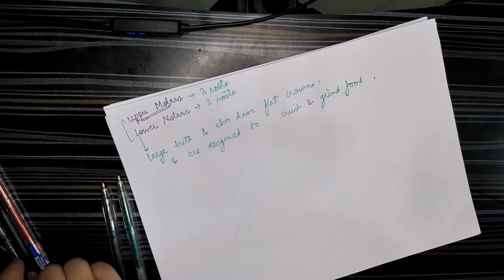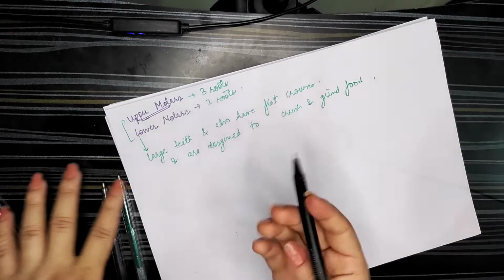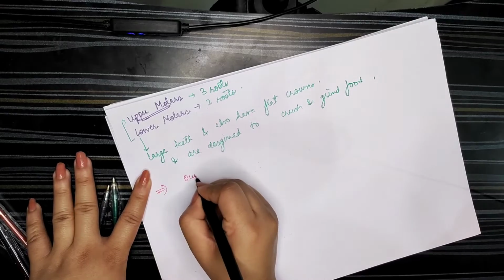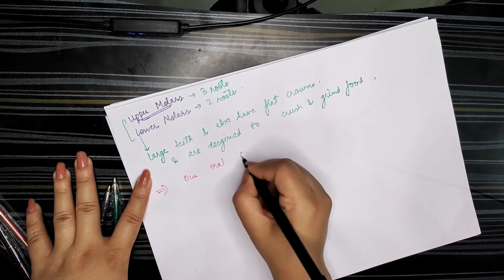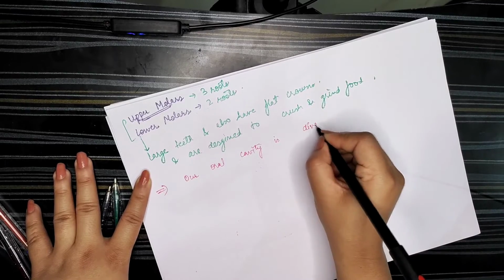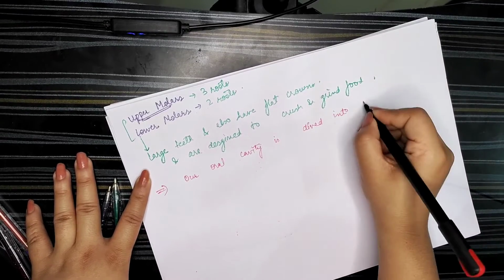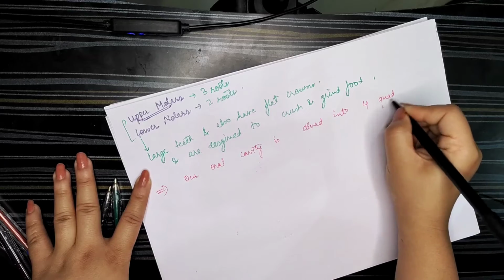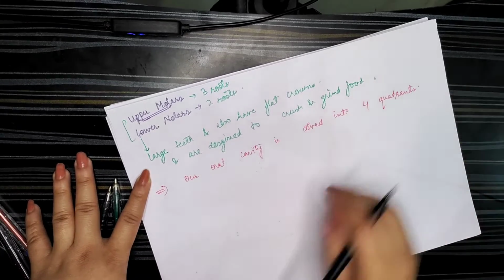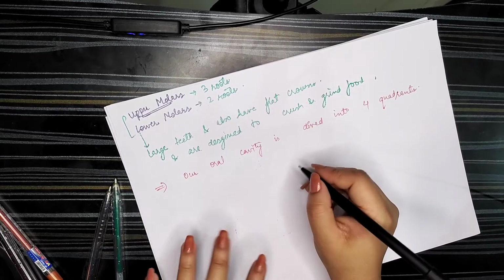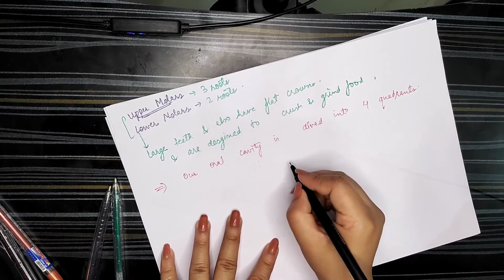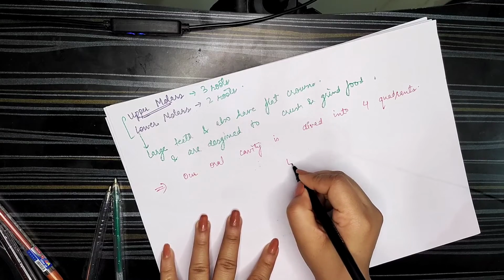Now one more thing I need to tell you is that our oral cavity is divided into 4 quadrants. Okay, so let me explain this in the form of a diagram. This is the upper jaw.